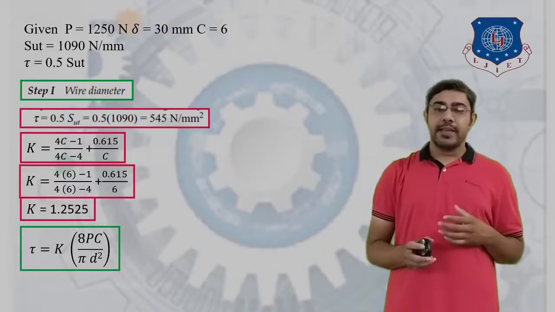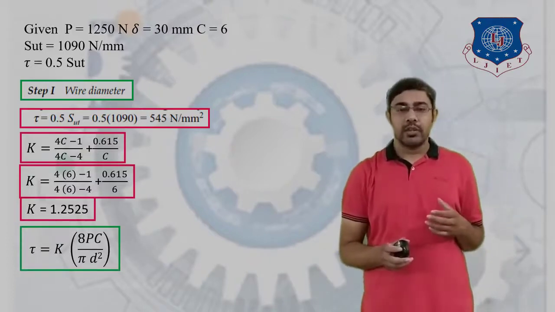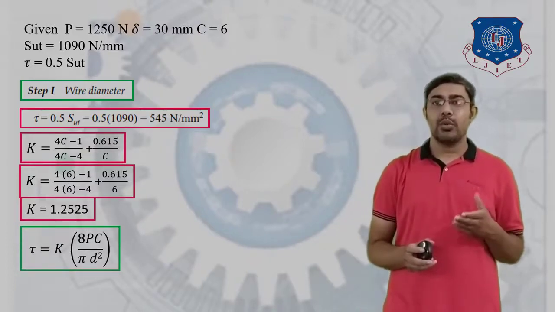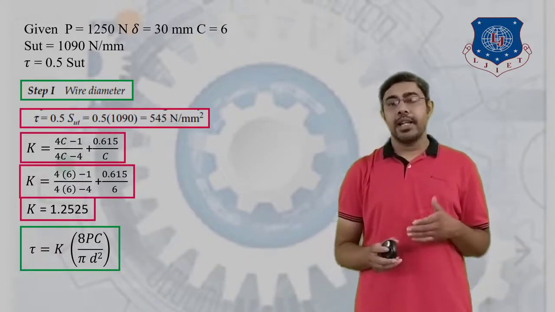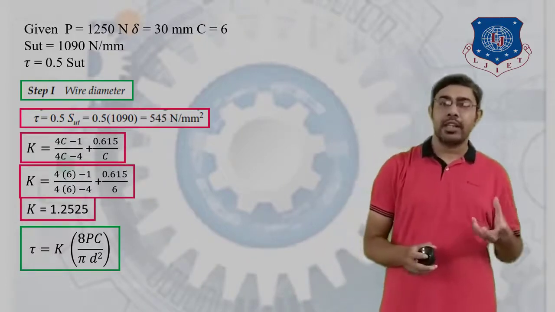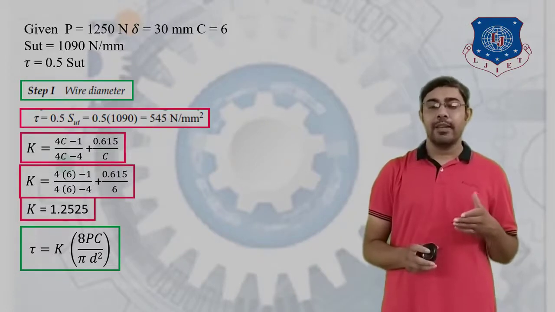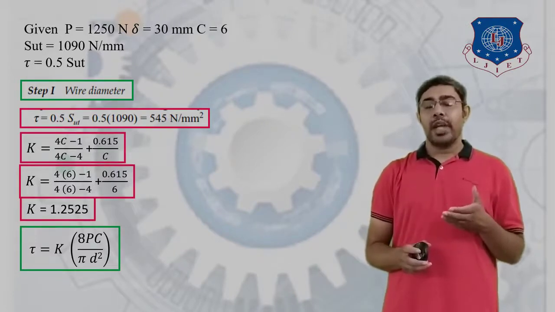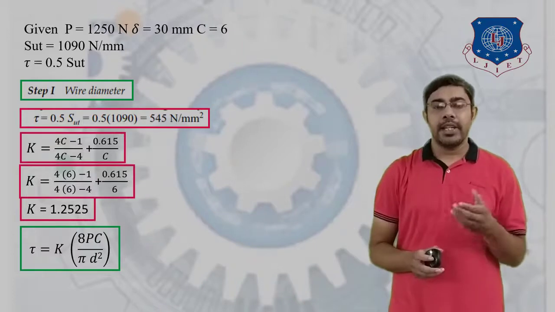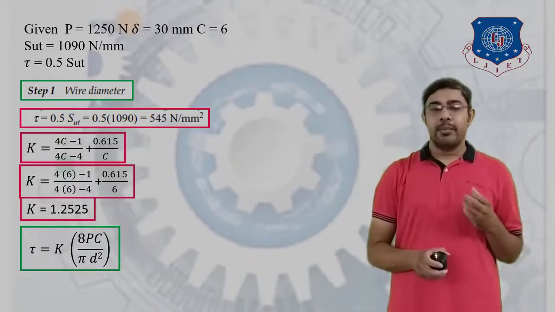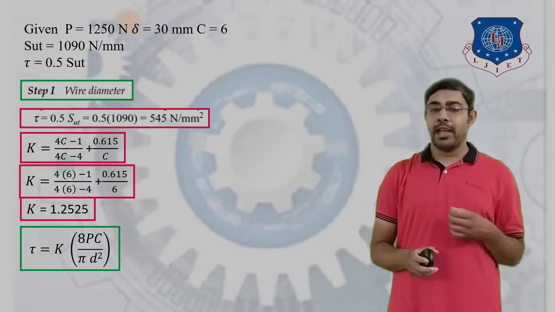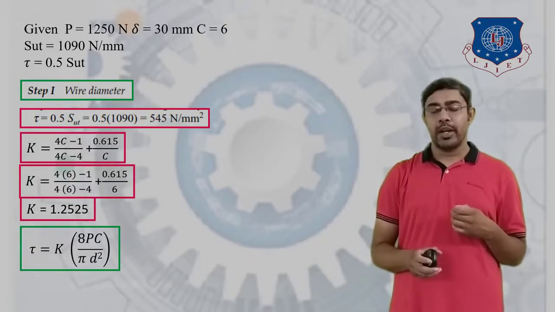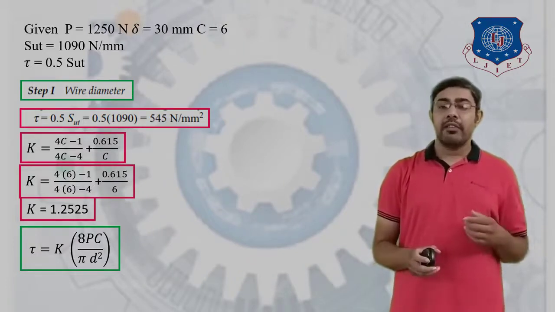Now we know the equation of shear stress, tau is equal to K into 8PC divided by pi d square. Here the equation is in terms of spring index, so it will be K into 8PC by pi d square. Here C and P are given, small d we have to calculate, K we have as 1.2525 and tau we have as 545.